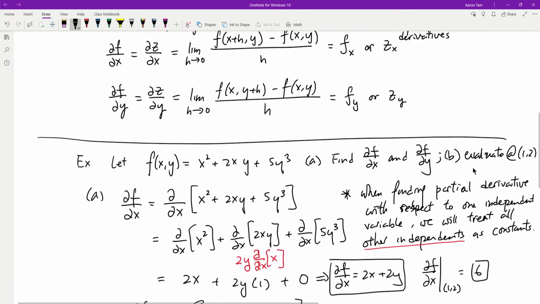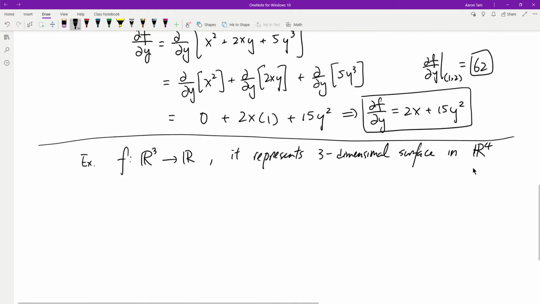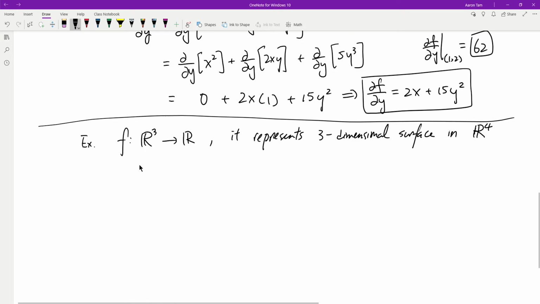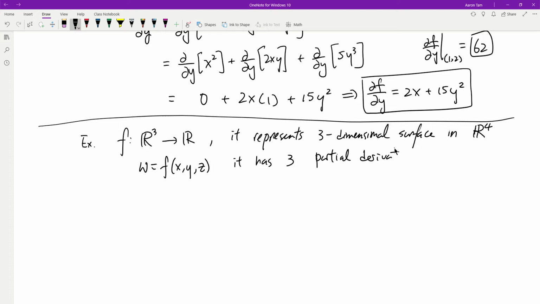So what are the partial derivatives that we could have in this case? In this case, I'm going to call this function w equal to f of x, y, z. And so therefore, it has 3 partial derivatives. How do I know there are 3 partial derivatives? Because it's 1 for each of the independent variables.